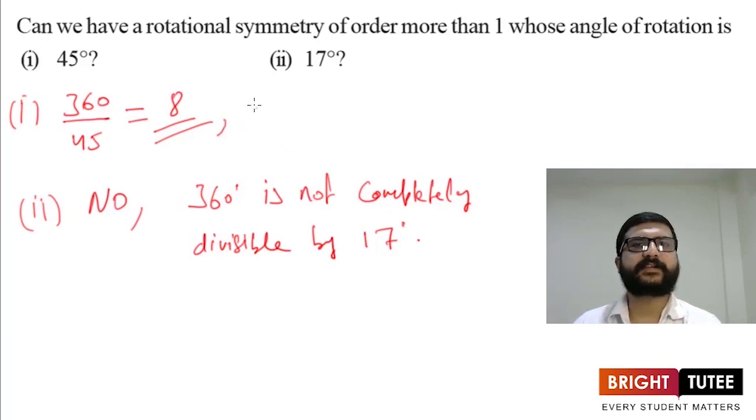And the answer for the first part of the question will be yes. Yes, we can have a rotational symmetry of order more than 1 whose angle of rotation is 45 degrees, and the order of rotational symmetry will be 8, which is more than 1.